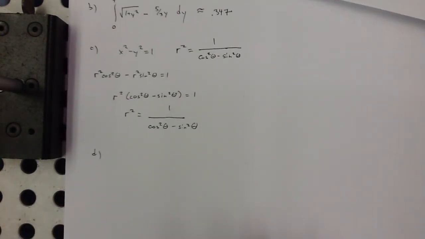Part D. Use the polar equation given in Part C. Well, there you go. That was easy because we need it here too. To set up an integral expression with respect to the polar angle theta that represents the area. Okay, so now we need to think polar here for a minute.